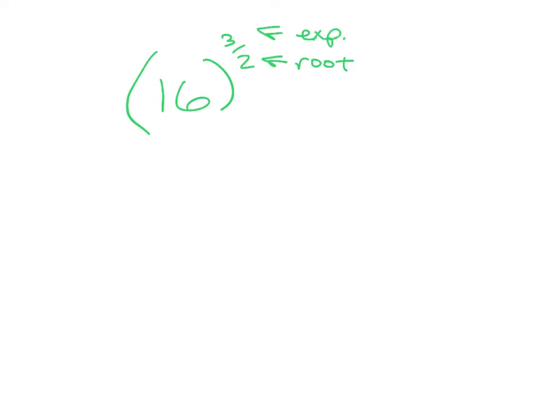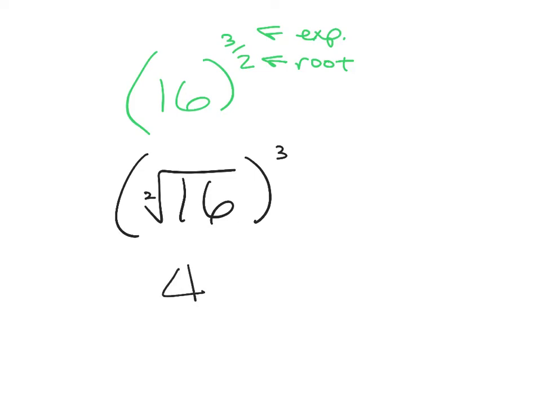So really what I'm doing here is the square root of 16, getting that answer, and then cubing it. So the square root of 16 is 4, and then 4 to the 3rd power is 64.